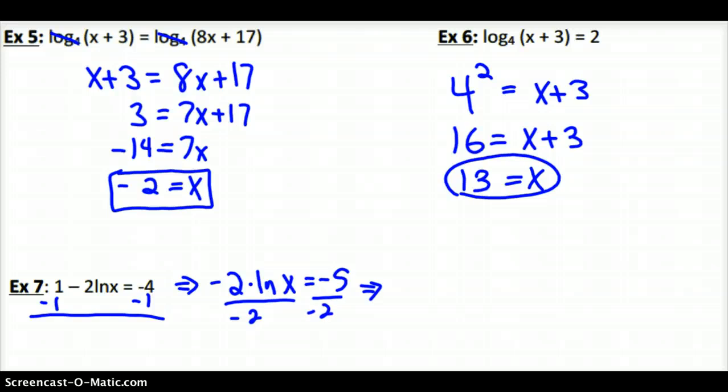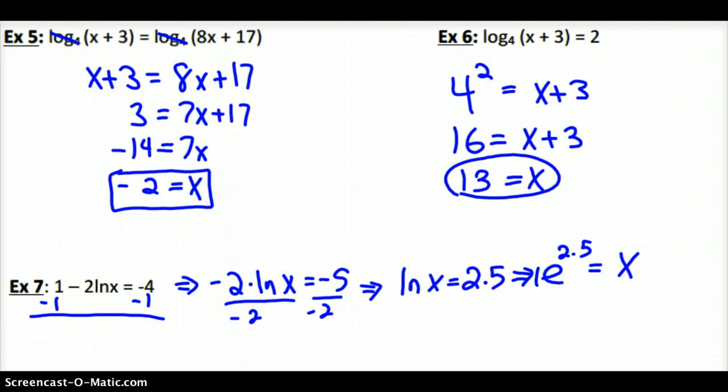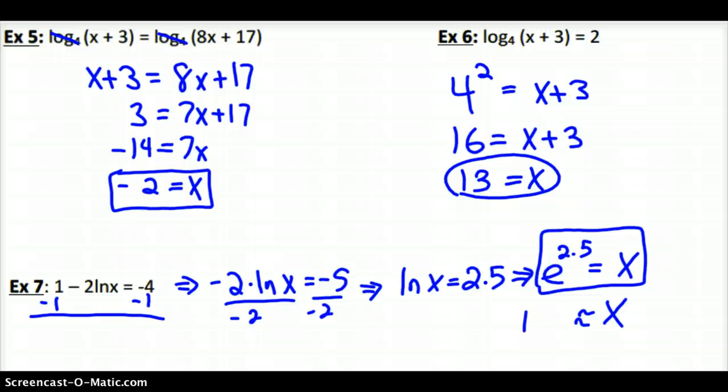That will give me the natural log of x equals 2.5. Rewrite this as an exponential. Base here with the natural log is e, so e to the 2.5 equals x. Now that could be an answer, or if we wanted a decimal approximation, we would end up with 12.18.